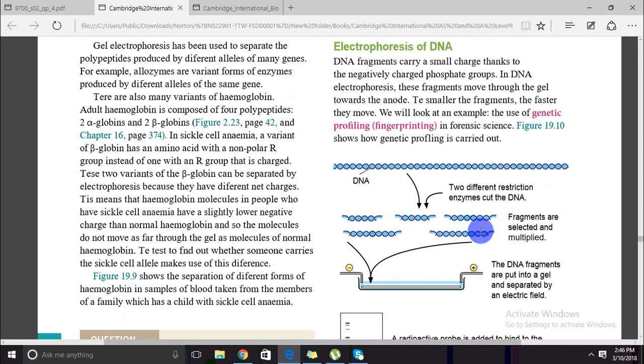So to test whether or not someone carries the sickle cell allele, we can make use of this difference in the net charge, because we just said that proteins have an overall negative charge, and because of the absence of the R group, the variant will have a slightly less negative charge. We can write this down.